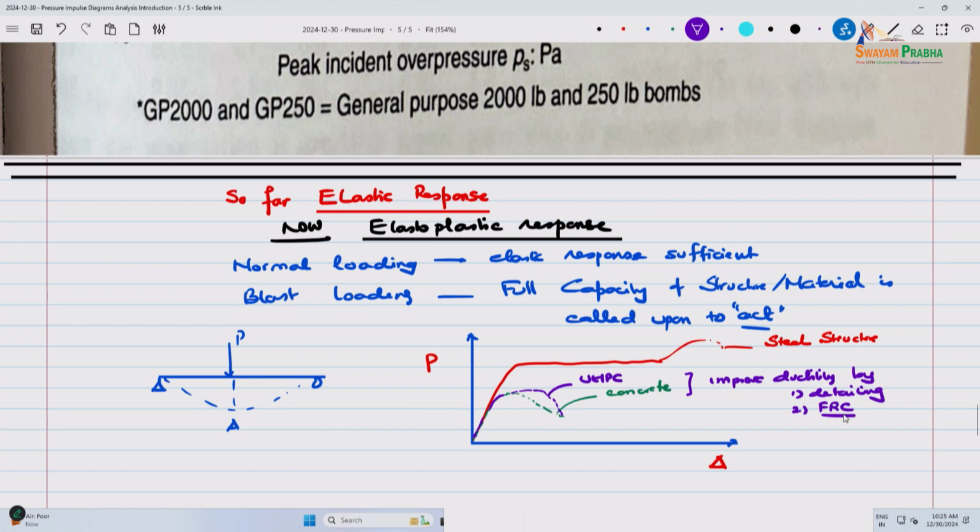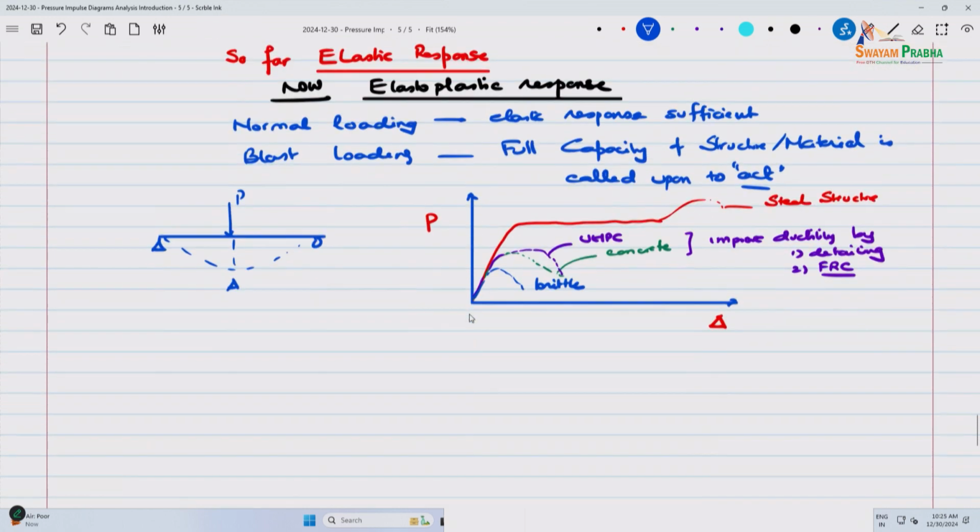The UHPC part of it is also using fibers, different types of fibers. Then you can have, of course, brittle behavior, pure brittle behavior with practically no load capacity maintained at the peak value.